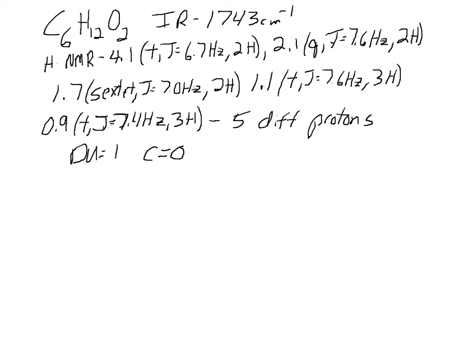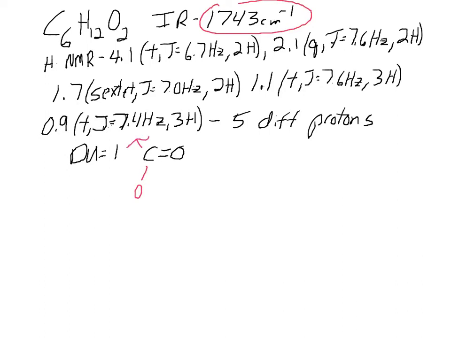What is this C double bond O? Specific type. It's 1745. I wrote it on the board in green, the right side of the board. It's in your notes. It's on the PowerPoint slides. 1743 is particular for an ester. Right? So it tells us this much.